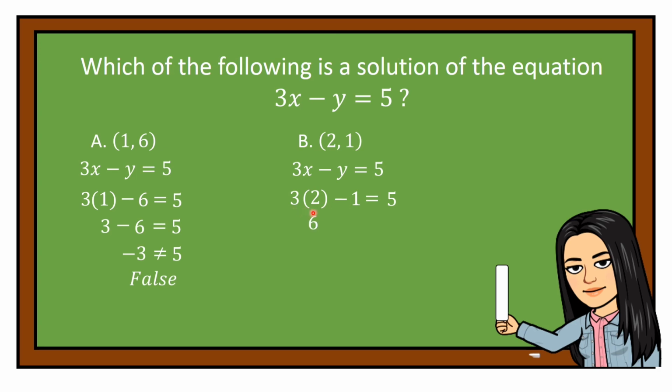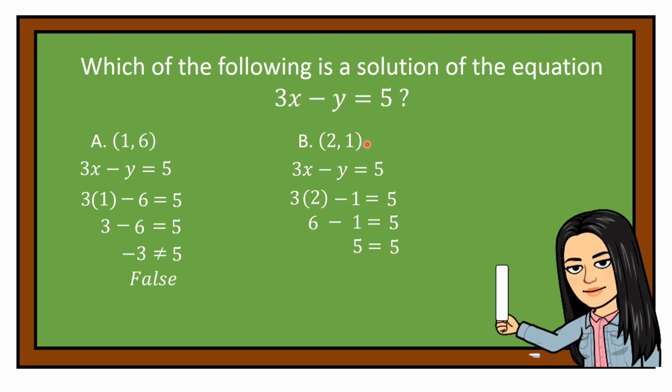Next, 3 times 2 is equal to 6, copy minus 1 is equal to 5. Subtract, 6 minus 1 is equal to 5. And 5 is equal to 5.